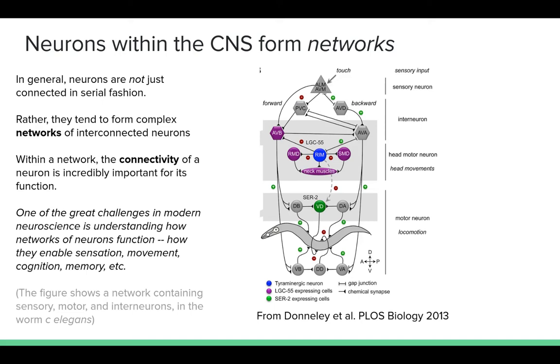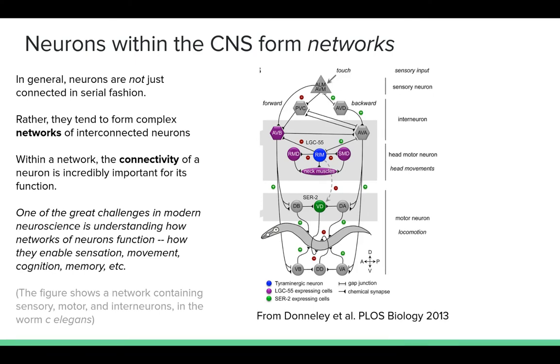What you're looking at here is a figure from a paper published in a journal called PLOS Biology. It shows neurons within the nervous system of a worm called C. elegans, which is used as a model system in biology and in neuroscience. One of the things about this worm is that it has a very simple nervous system.